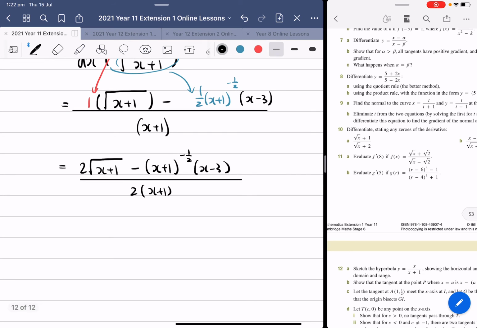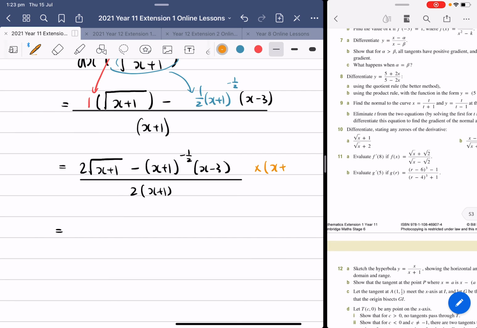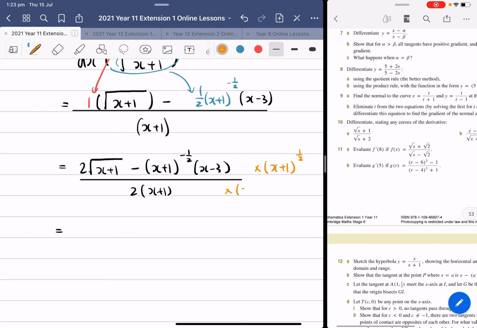Once this is done, the next step is you want to get rid of that one here. There's a couple of ways you can do it. You can factorize it, taking a smaller factor, or you can just multiply both the top and bottom by x plus 1 to the power of positive half. If you've done that, then when these two terms times together, remember this is also a square root, where the power is equal to half, and if you use the index law, that just becomes 2(x plus 1) to the power of 1.